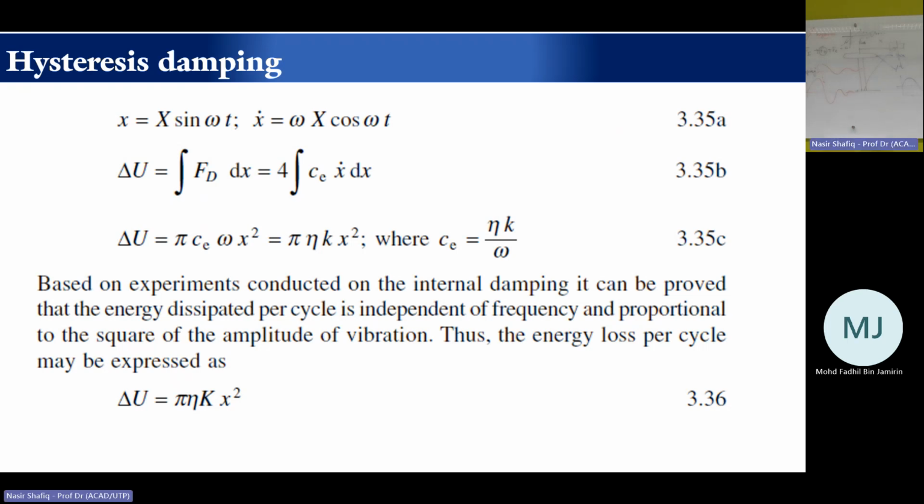Now for the equation of this hysteresis, we can say the movement is initial amplitude X sine omega t, and with respect to time the first derivative, the velocity, will be omega X cos omega t.